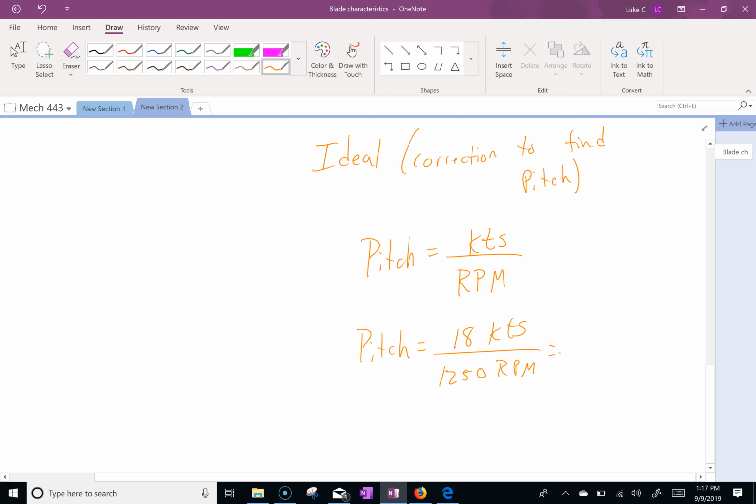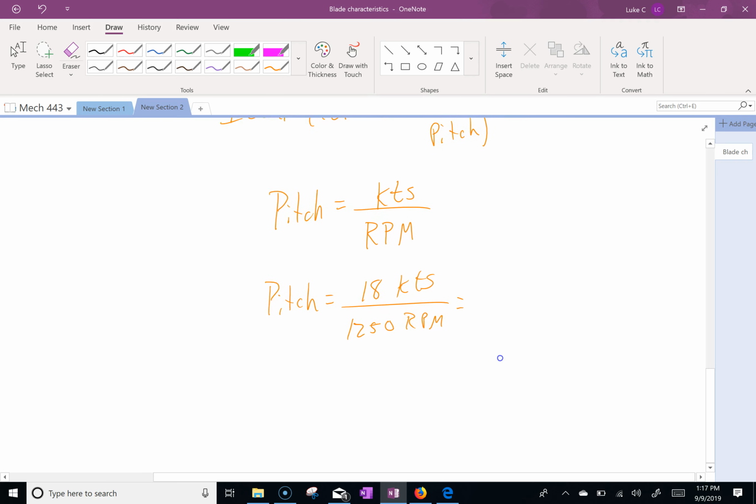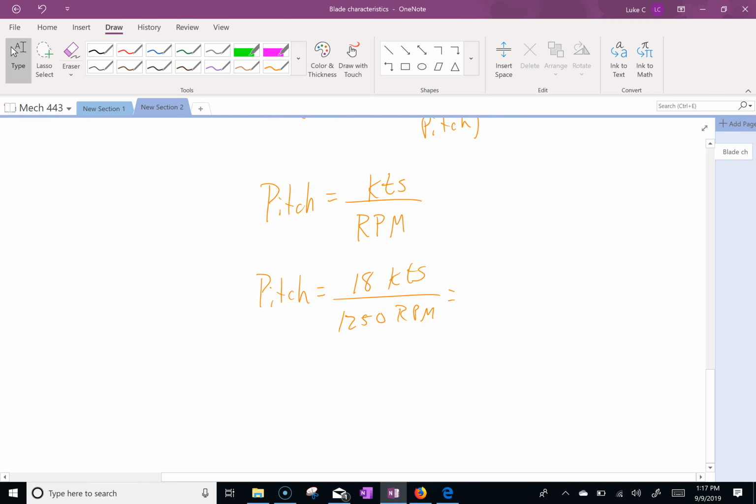I'm changing this slightly just to give an idea. Oh, shoot. We want it in inches, so let's convert this. So this is 18 nautical miles per hour. I'm going to convert it with 101.3.